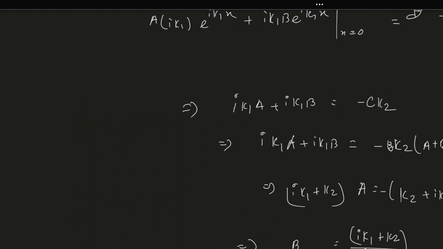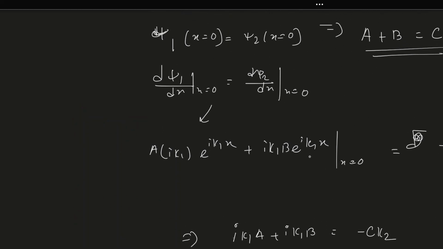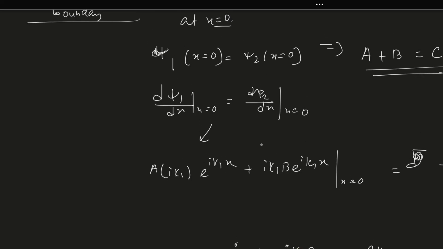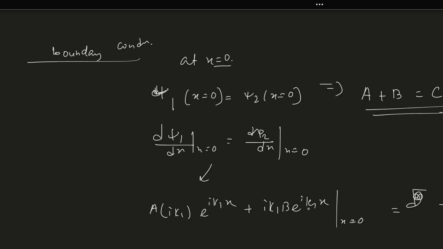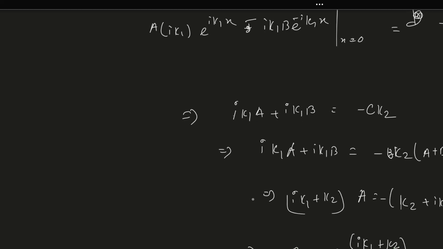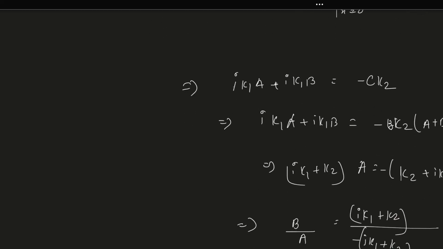Sorry, I missed that minus sign everywhere. That is why it is a problem, because whenever you are taking a derivative, this B had minus i k1 x. So this is a minus sign. So this is i k1 plus k2 and i k1 minus k2.